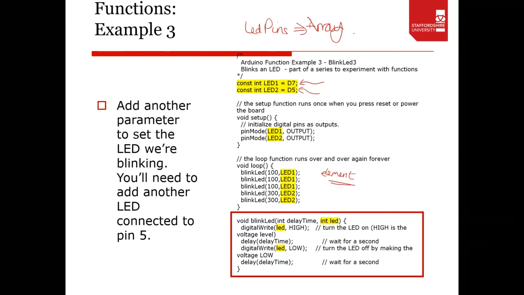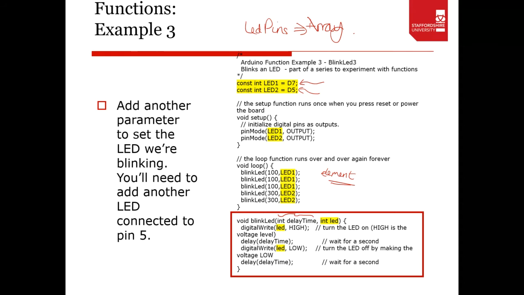If we wanted to make it a bit more complex, we could delay or turn those LEDs on for different times. So in this case, we're going to call our same function. However, this time we've got two inputs: int delayTime and int LED.